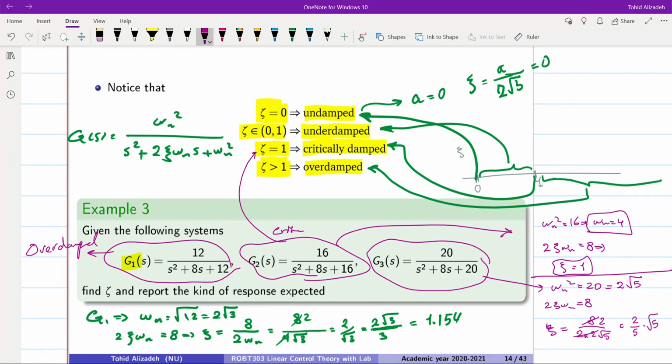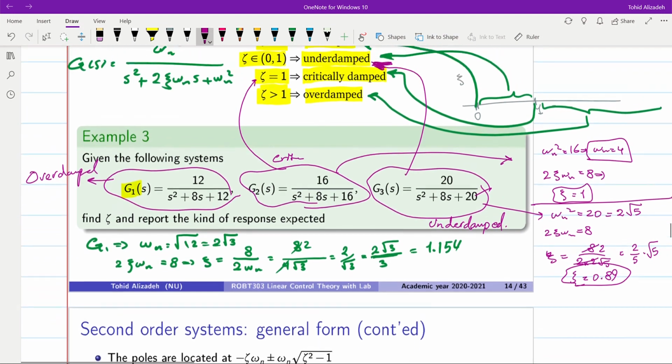If we get the exact value, we will have 0.89. So zeta will be equal to 0.89, and as a result the system will give us an underdamped response because zeta is smaller than 1. So here we will have the underdamped case.